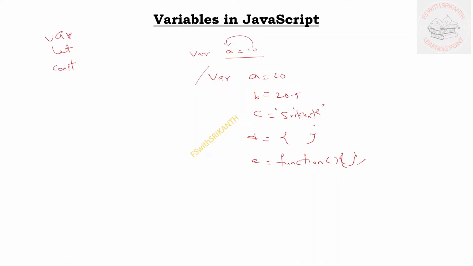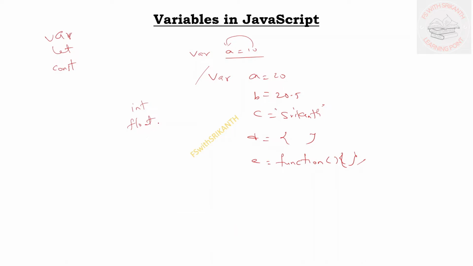In this way, we can declare variables of a number of types, right? Numbers, integers, floats, strings, objects, and functions we may declare with the help of the var keyword and the let keyword. We are not specifying any type for the variable, not int, not float, not object.